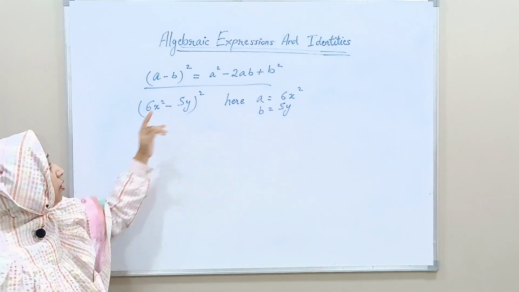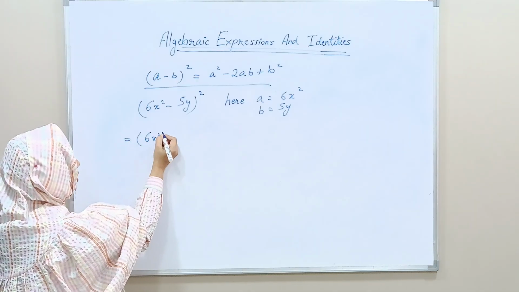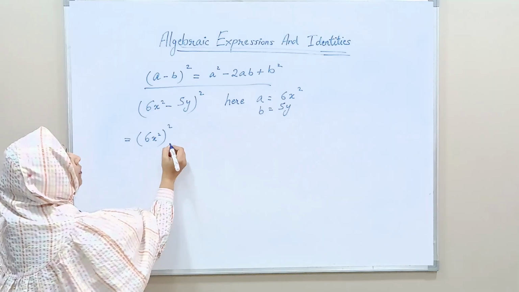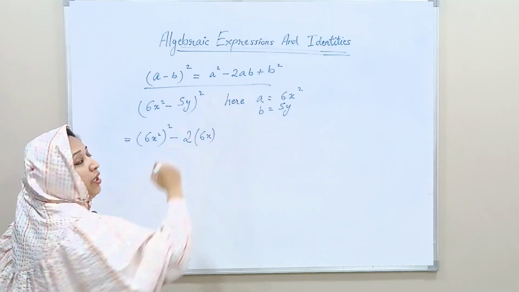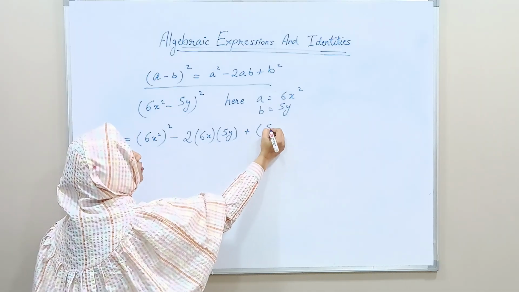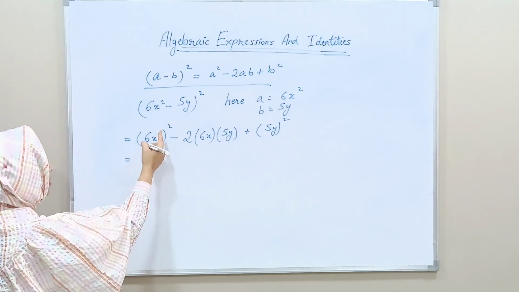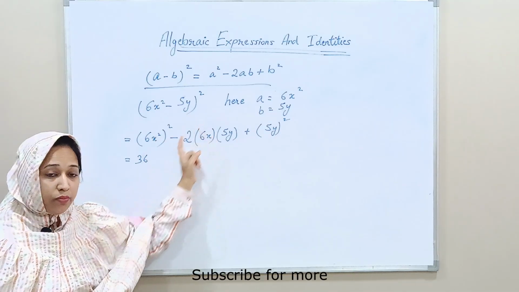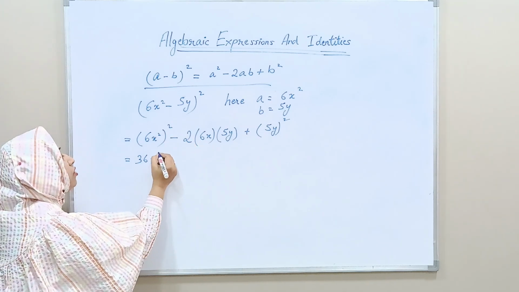Now putting these values in the given identity, a square, so a is 6x² and whole square, minus 2 into a into b, that is 6x² into 5y, plus b square, so b is 5y and whole square. Now solve this. 6 square is 36. x² to the power 2 means x to the power 4.